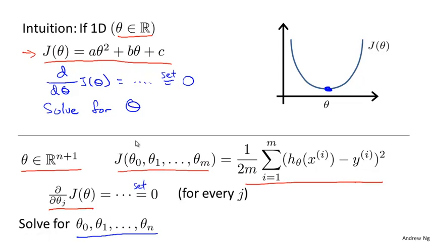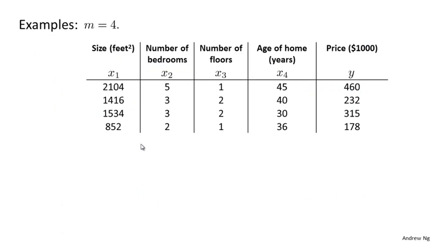For the example that I want to use as a running example, let's say that I have m equals 4 training examples. In order to implement this normal equation method, what I'm going to do is the following. I'm going to take my data set. So here are my 4 training examples. In this case, let's assume that these 4 examples are all the data I have. What I'm going to do is take my data set and add an extra column that corresponds to my extra feature x0 that always takes on the value of 1.